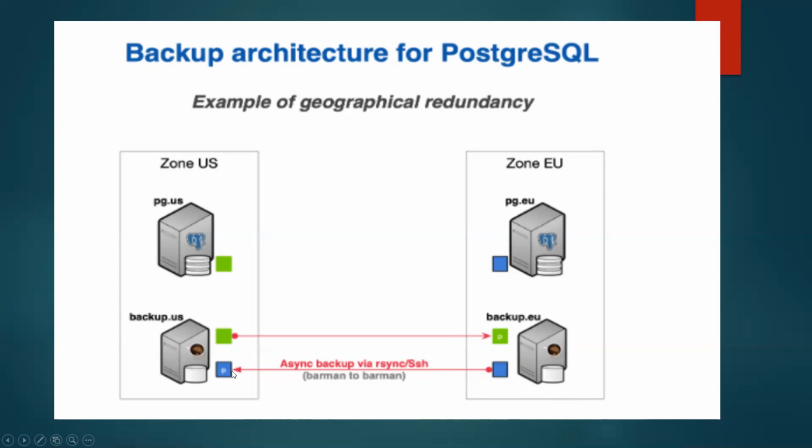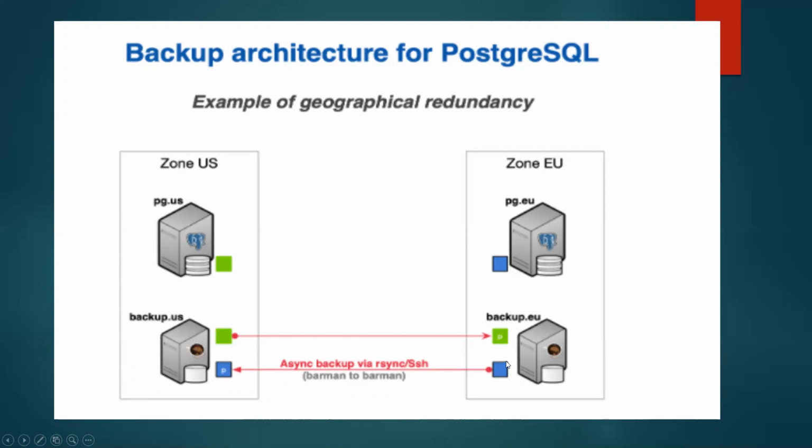But what you realize is that there's some syncing of these backups between these two Barman servers, which shows that the backup taken in the EU can be configured to sync over to the US, and the backup taken in the US can also sync over to the EU.